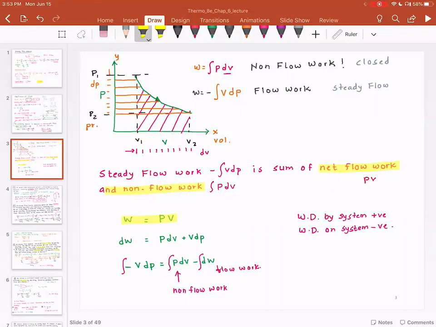Then you will realize that the equation we have derived can be explained by means of the PV diagram. So I'm looking for an explanation wherein you clearly state the difference between these two works and then show them on a PV diagram. Okay, any other questions?